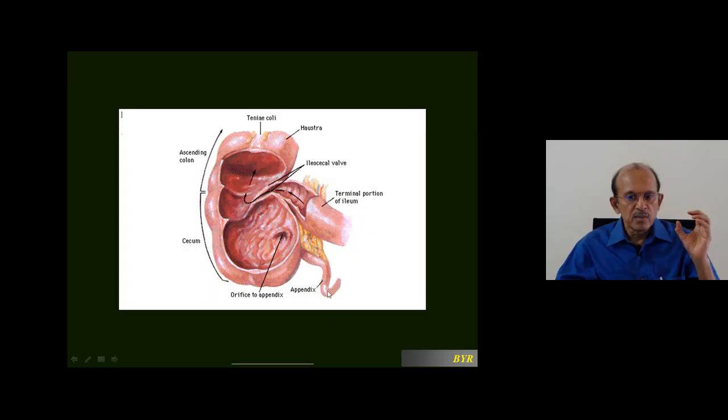So the terminal part, which has the appendicular artery in its wall, will suffer and become gangrenous. The part with the appendicular artery in its mesentery will not become gangrenous early, but the tip becomes gangrenous early in acute appendicitis for this reason.